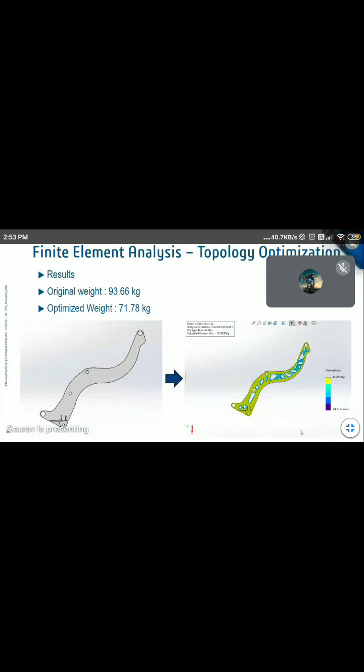So it has created these beautiful ribs at the center from where the weight can be reduced, and then it can be used for your intended purpose. Like saving 20 kg in this single arm is pretty huge, right? Likewise, if you talk about more components in any assembly, it will save our material, manufacturing cost, right? And other costs which are included.